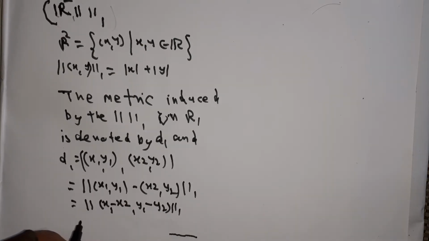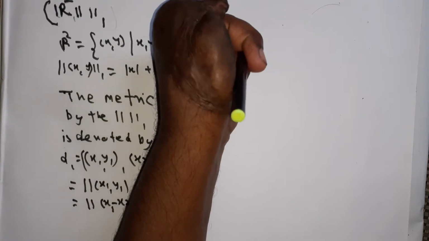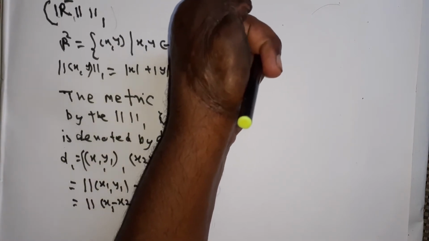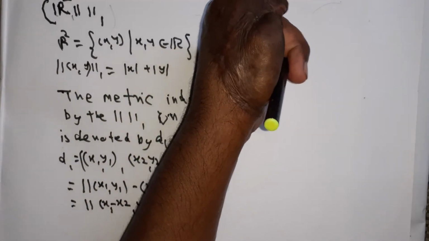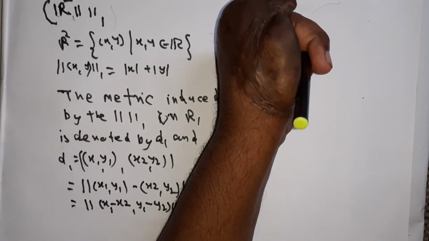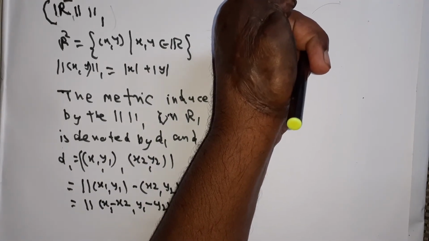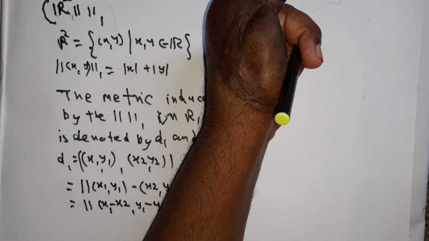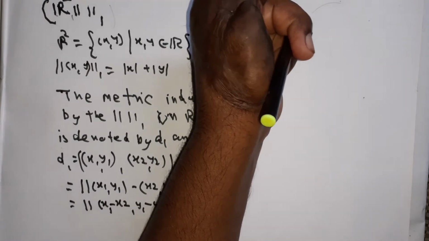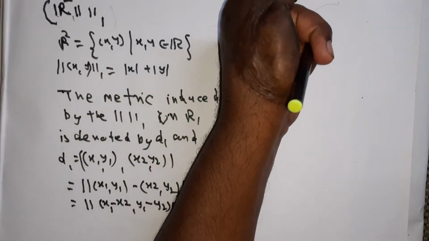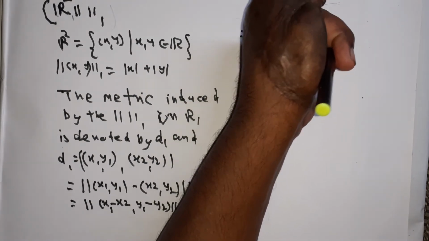Norm 1 of x1 minus x2 comma y1 minus y2 is equal to mod of x1 minus x2 plus mod of y1 minus y2.